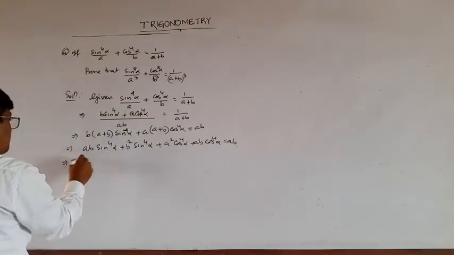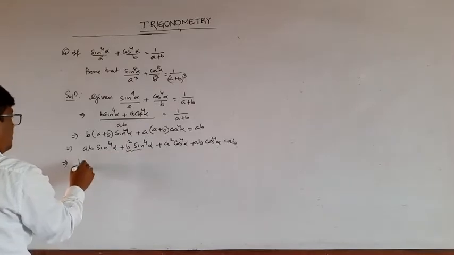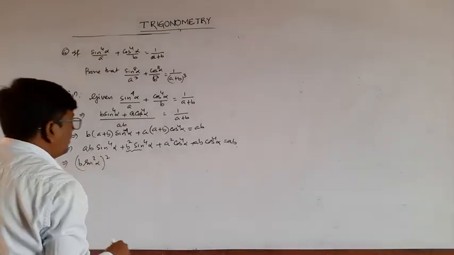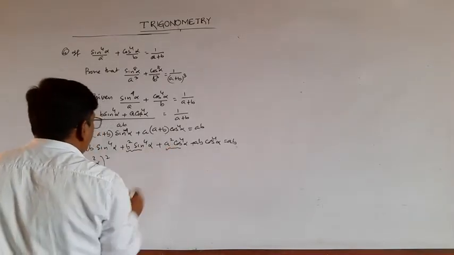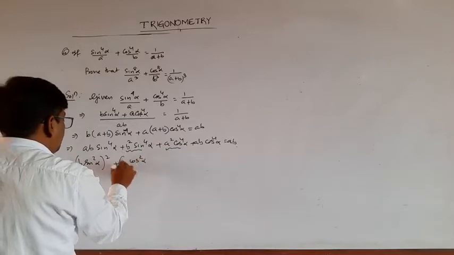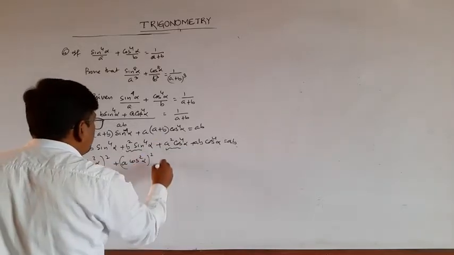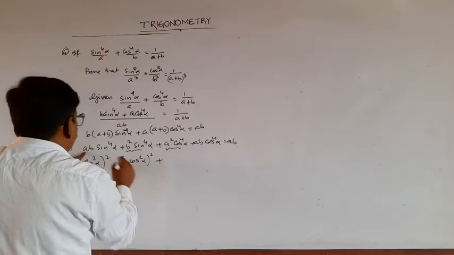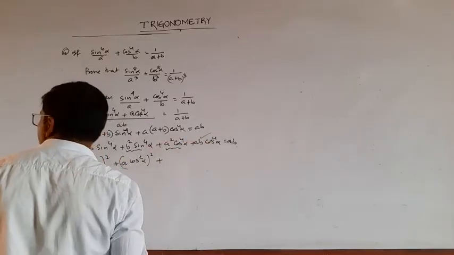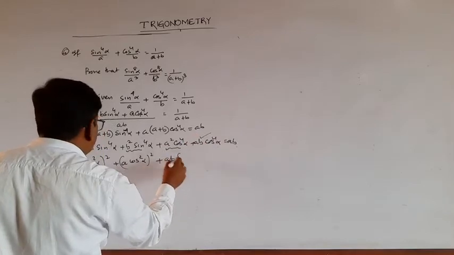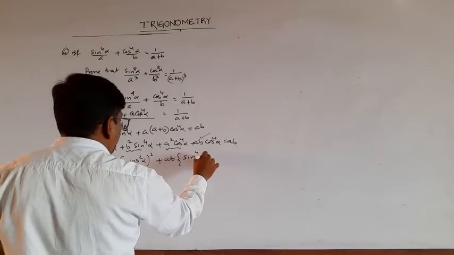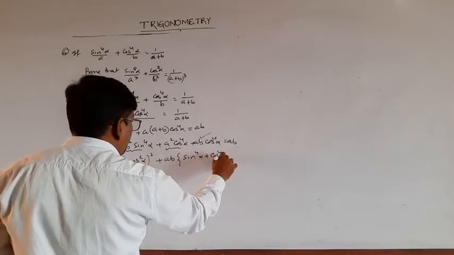Write this term first: b(sin²α)², and then a(cos²α)², plus ab common. Take ab common from this term and this term, so ab common here: sin⁴α plus cos⁴α.